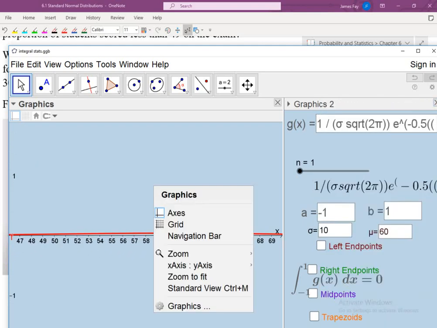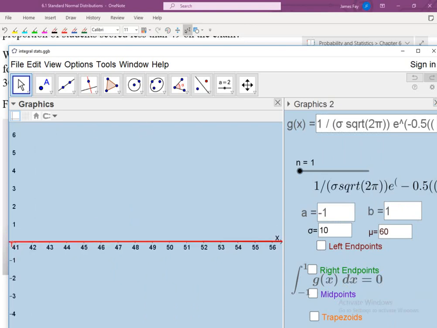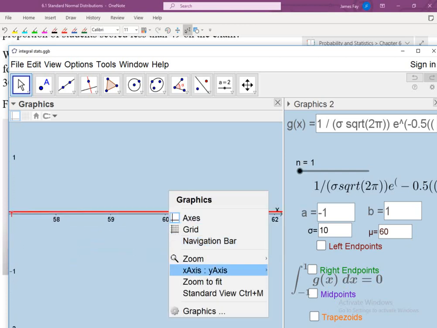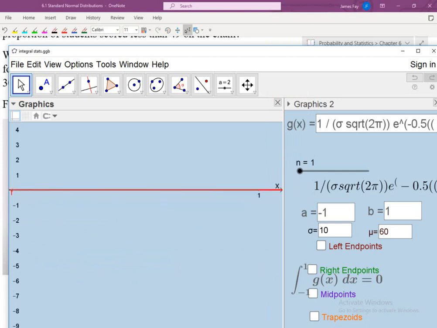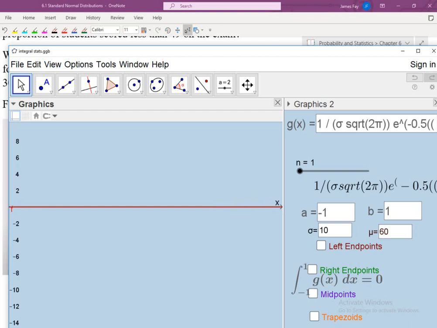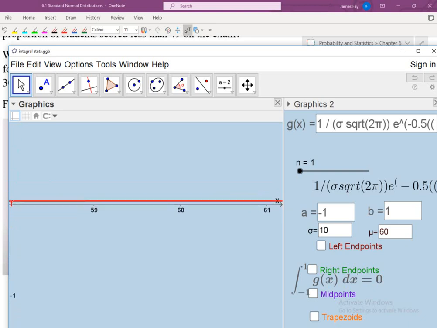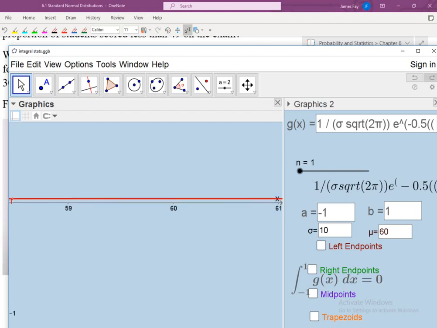There, and let me adjust the standard view back out to 60. I apologize for this, but right there, it is bell shaped, but it's very gradual. It almost looks linear here. Obviously, reading this bell curve would be very difficult, right?